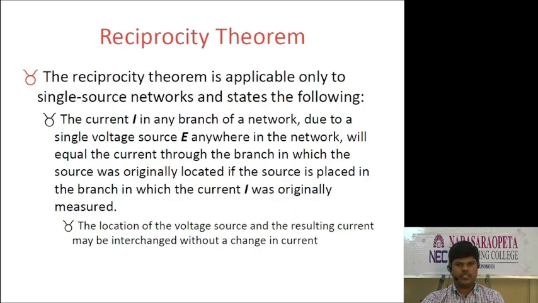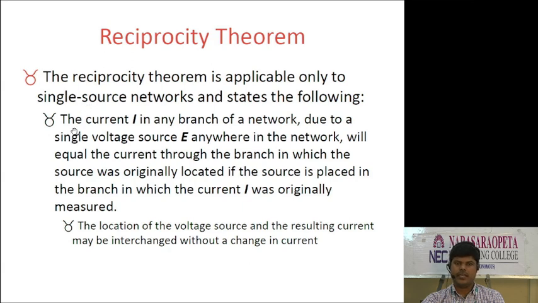Another one is the reciprocity theorem. This is also a very simple theorem. The reciprocity theorem is applicable only to single source networks. In the previous theorems, any number of voltage sources or current sources could be reduced in the network, but for the reciprocity theorem, the network contains only a single source.